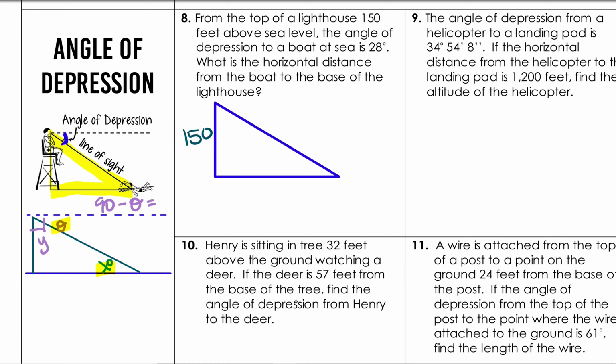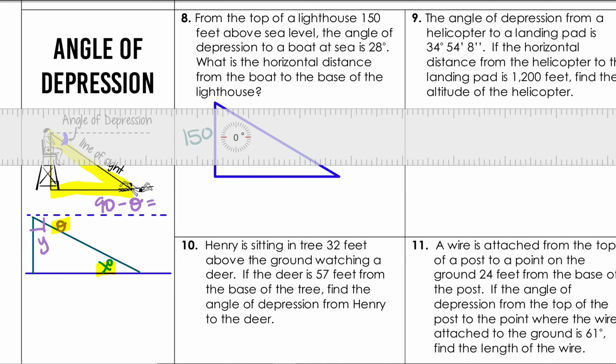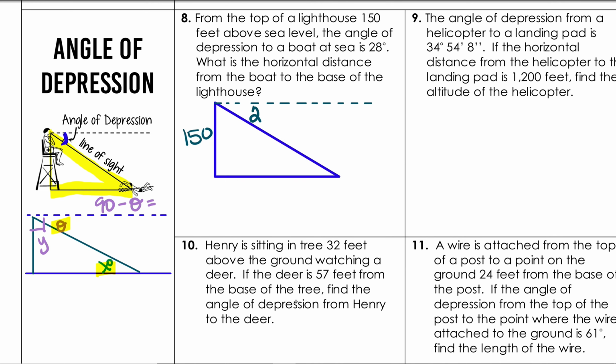The angle of elevation is 28 degrees. Now, here's what you have to think. The angle of depression is always right here. Here's the 28 degrees because we're looking down at an object. They want to know the horizontal distance to the boat.